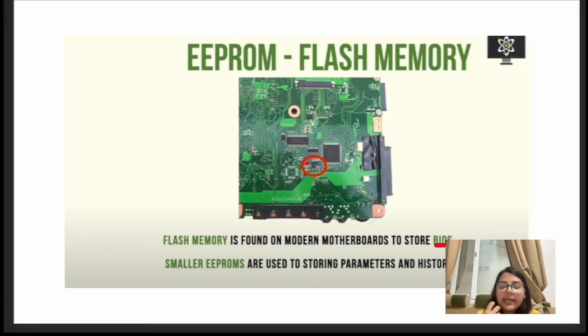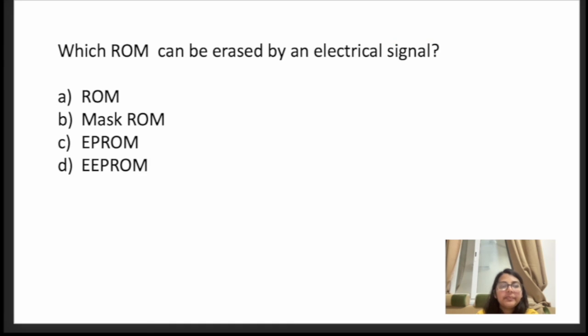And smaller EEPROM is used to store permanent history. And we can say that EEPROM is the commonly used memory. There are two types of EEPROM. What are they? That is flash memory and EEPROM. Okay, then let's see what is next in the slide. Which ROM can be erased by an electrical signal?